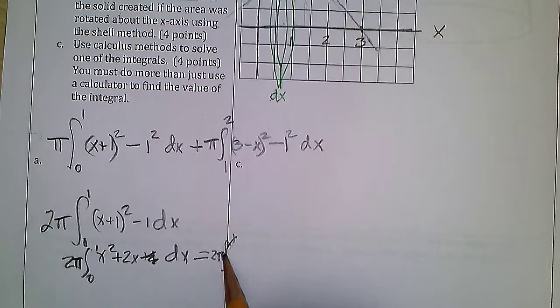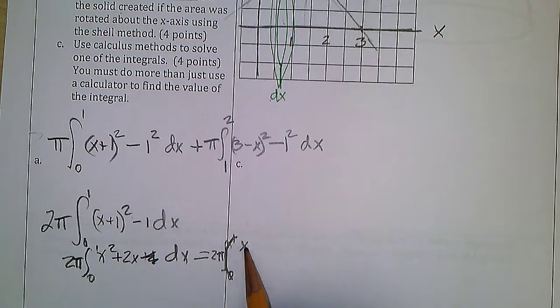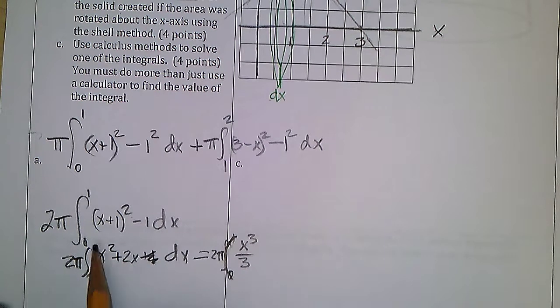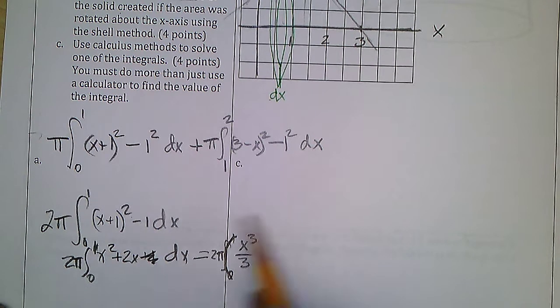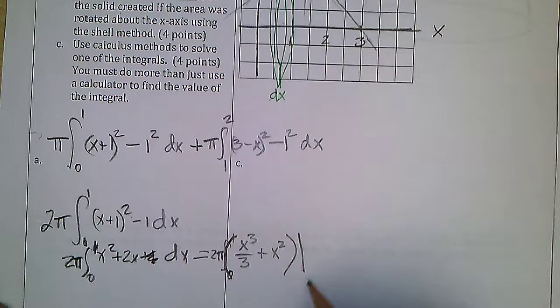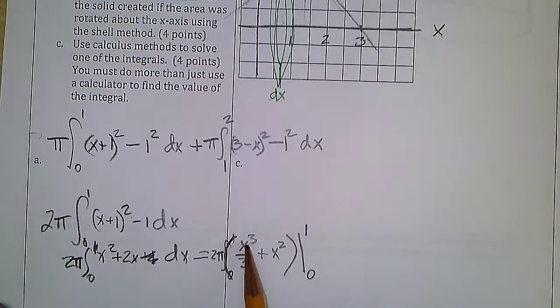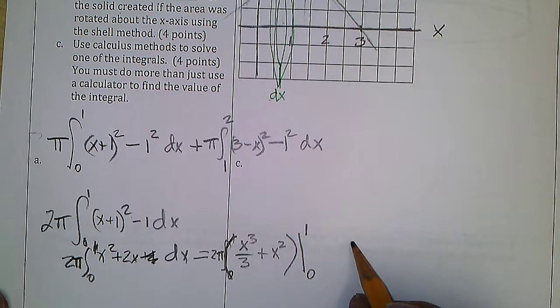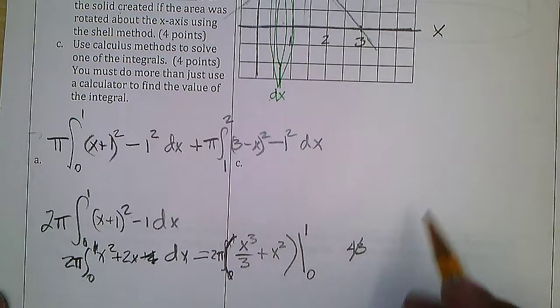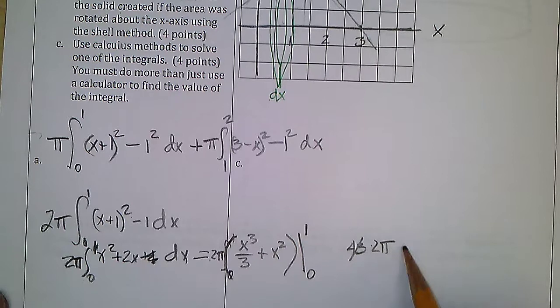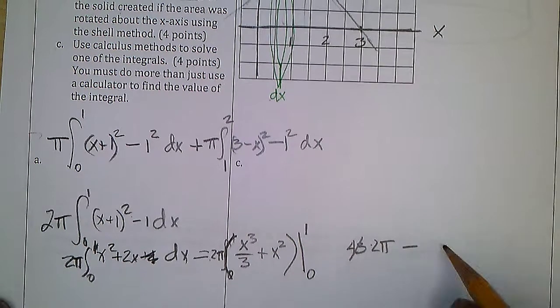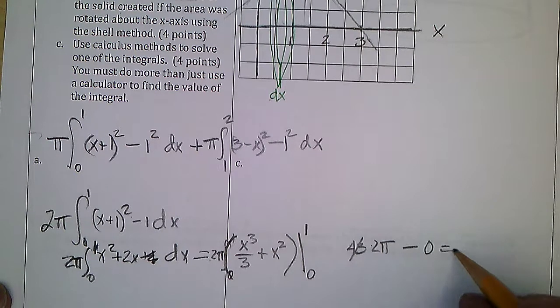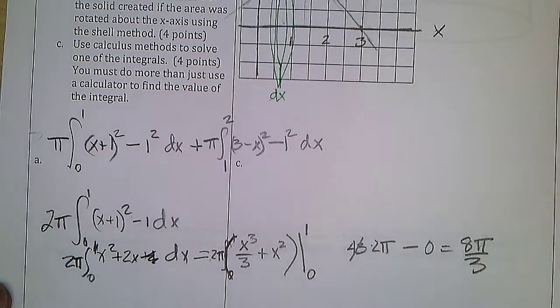That would be, integrating it, x to the third over 3, plus x squared, evaluated from 0 to 1, so that'd be 1/3 plus 1, which is 4/3. 4/3 times 2 pi minus, we put in 0, we get nothing, and so we get 8 pi over 3.